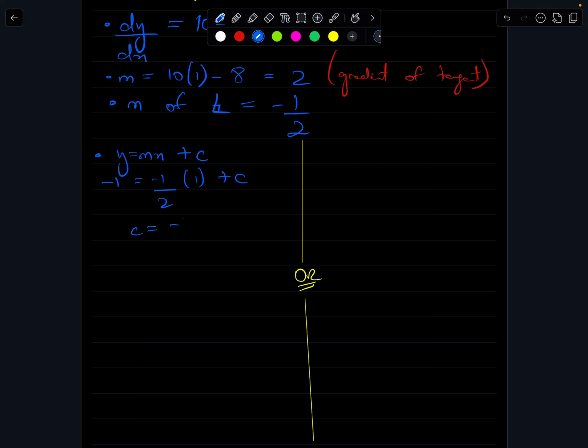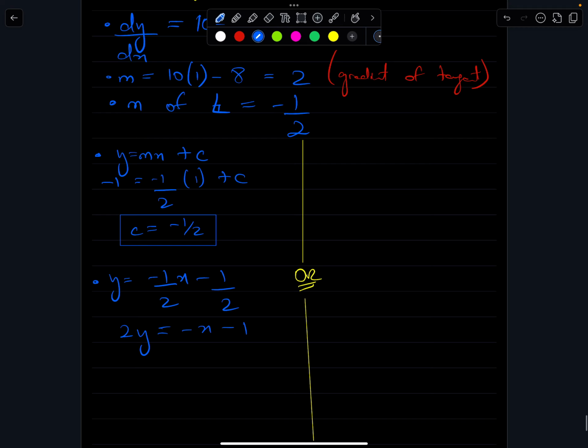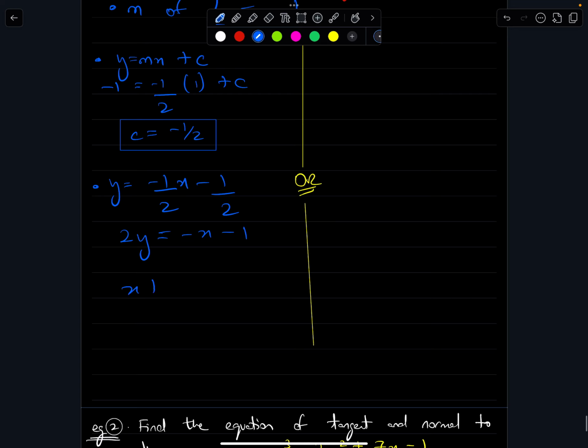C turns out to be -half. Now, the equation in simplified form would be something like this. We can further simplify this and write this as x plus 2y minus 1.